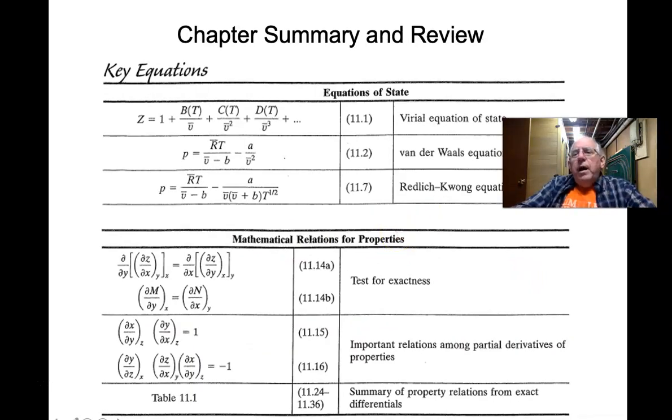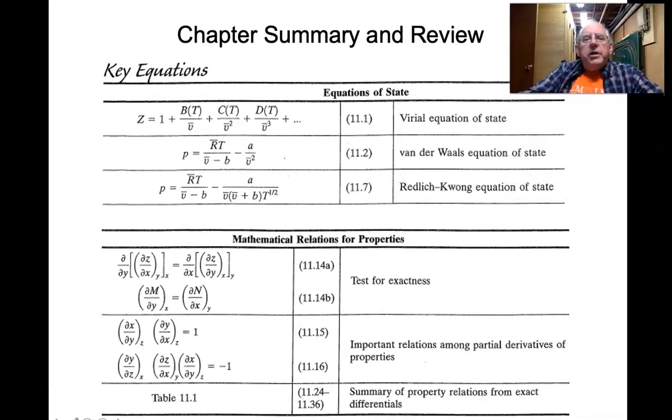And so that then finishes this particular chapter. We started off by discussing the equations of states involving possibly a compressibility factor. And we saw that there were different types of equations of states. Some were two-parameter equations of states.